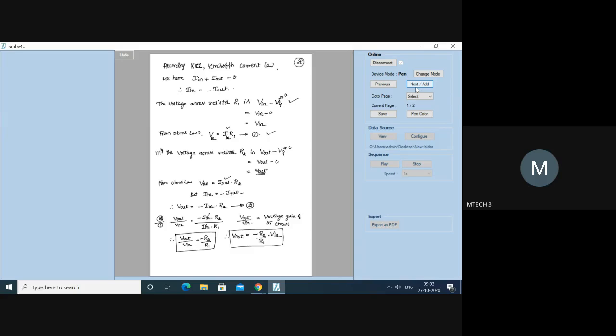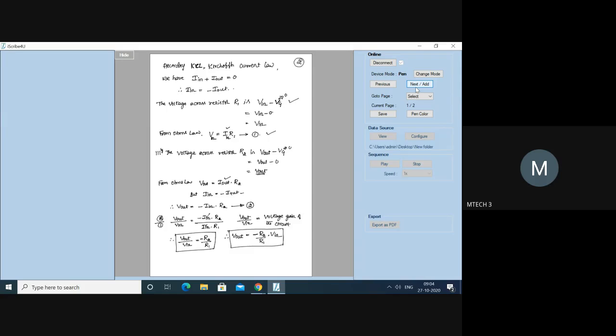V out by V in is the output voltage by the input voltage, which is the gain of the amplifier. If I give V in as the input, how much V out I get: the ratio of output to input voltage is called the gain of the circuit. Therefore V out is equal to minus R2 by R1 into V in.